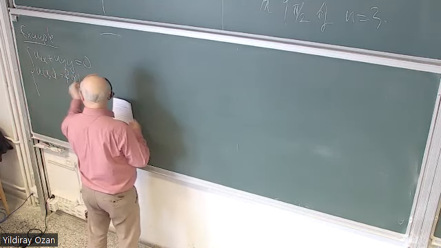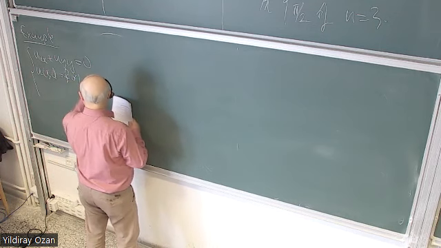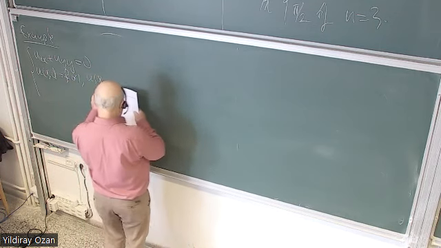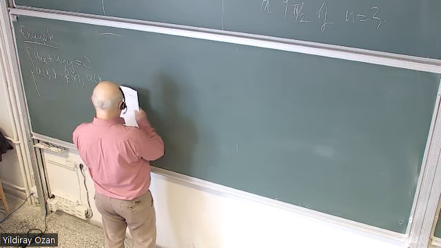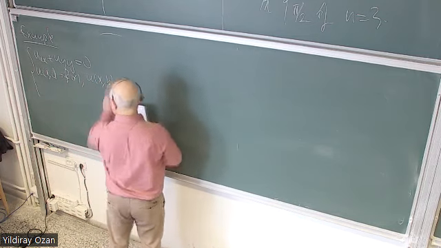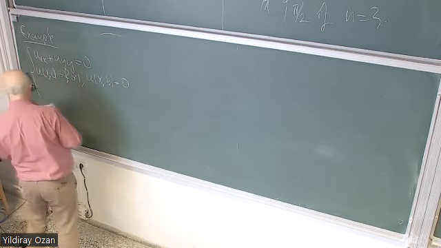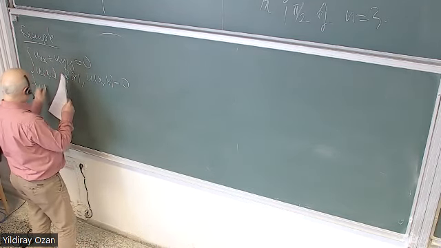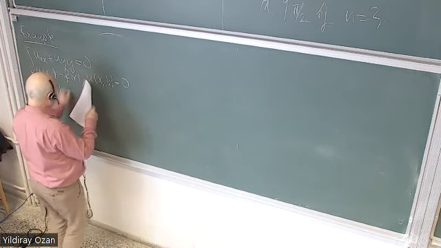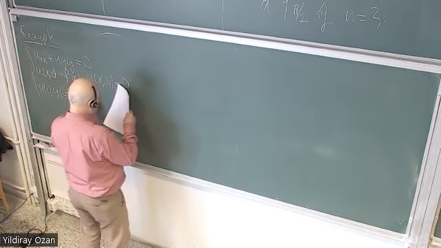Okay, now let's consider only one of them. So I take this one non-zero and this one 0. Bu arada zamanımız bitmiş. Okay, let me just write down the problem, but I'll solve it in the second hour.